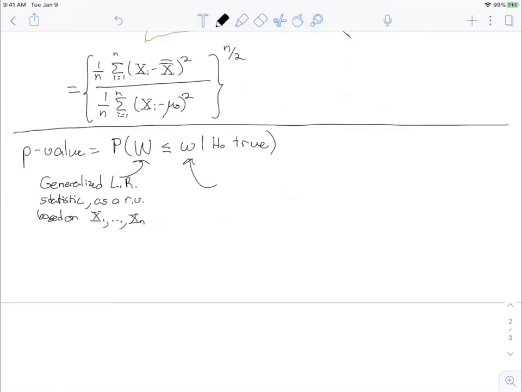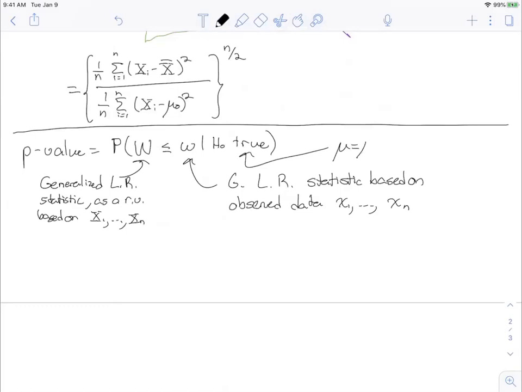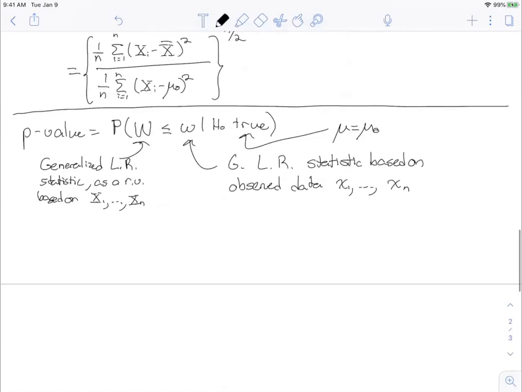And this lowercase w is the generalized likelihood ratio statistic based on observed data, x1 through xn. And all of this probability is calculated on the condition that the null hypothesis is true, which really means that mu is equal to mu 0. So I'm going to simplify and write that next. All right, so let's calculate this p-value.